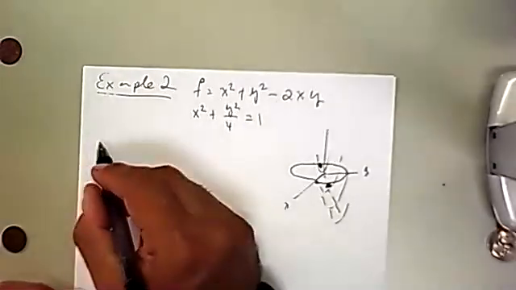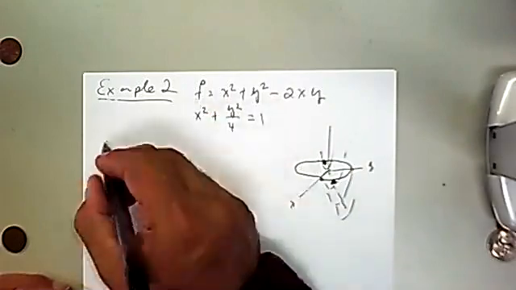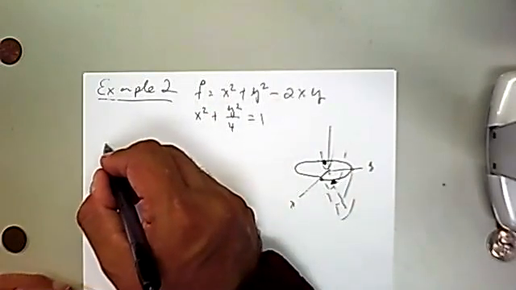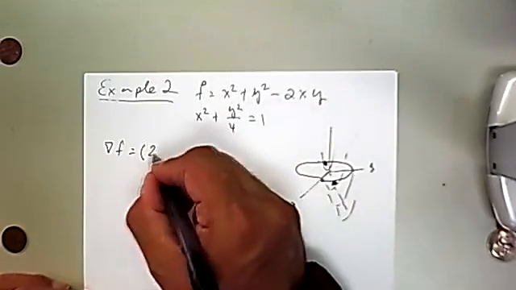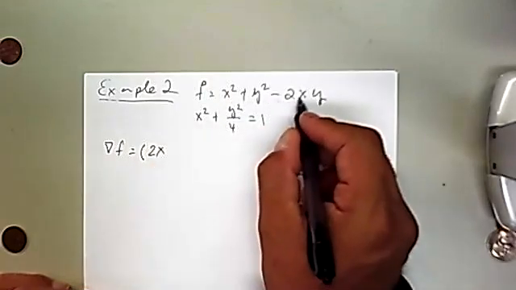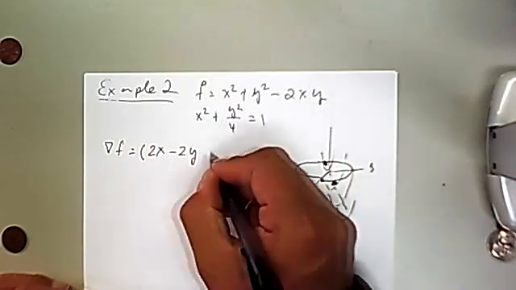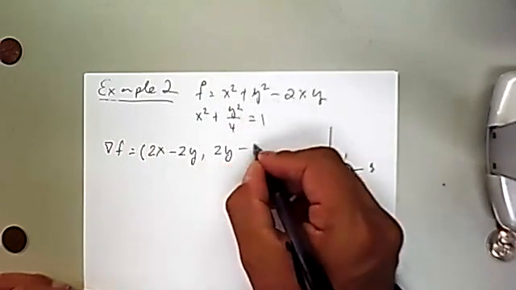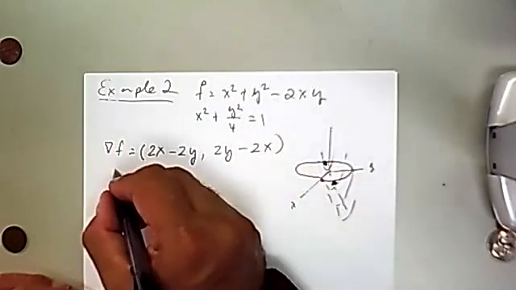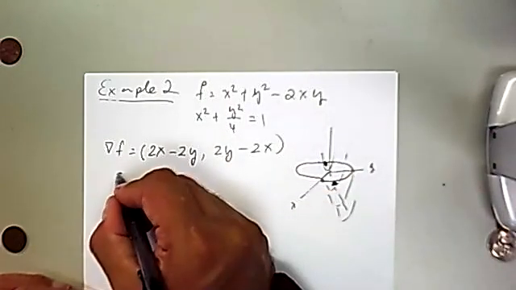So let's start. The gradient of F is going to be 2x minus the derivative of that with respect to x, which is going to be 2y, comma, 2y minus 2x. G, well, I haven't said what G is, so let's say what G is.